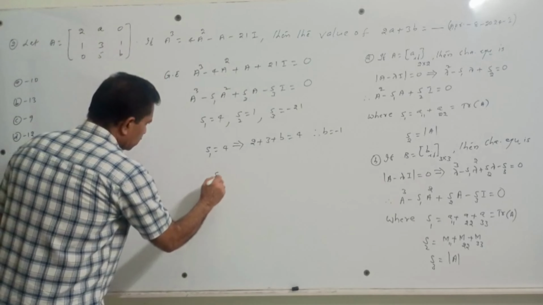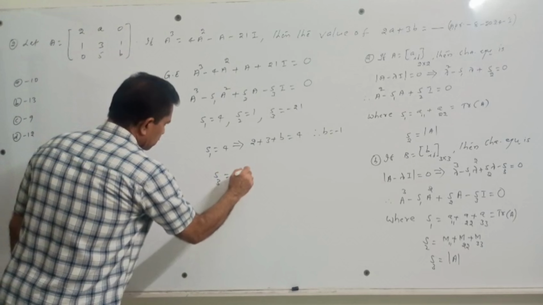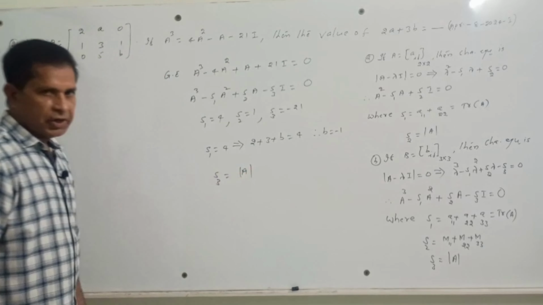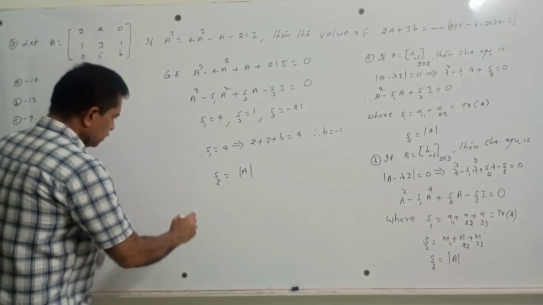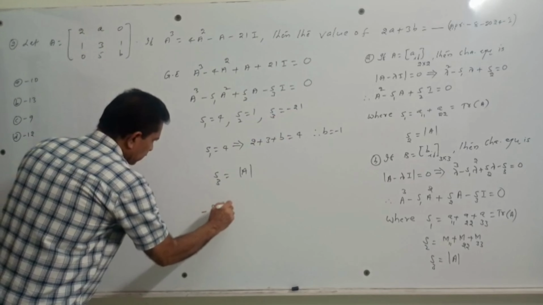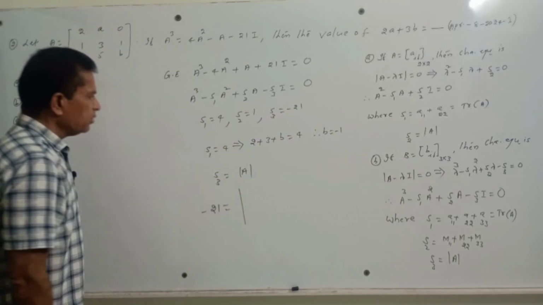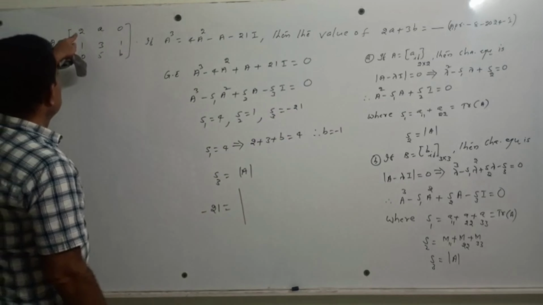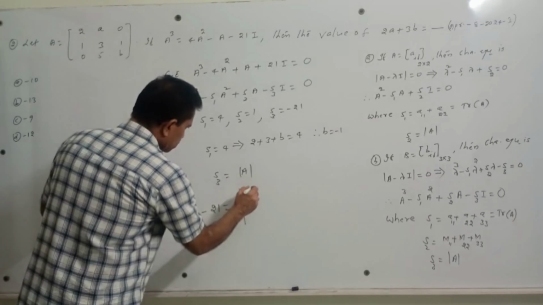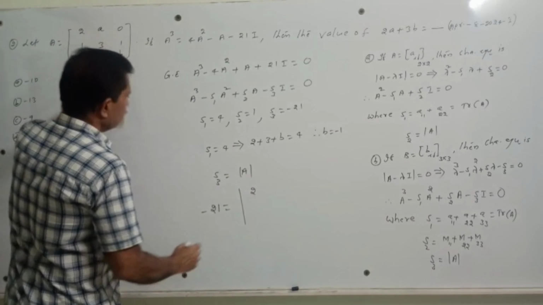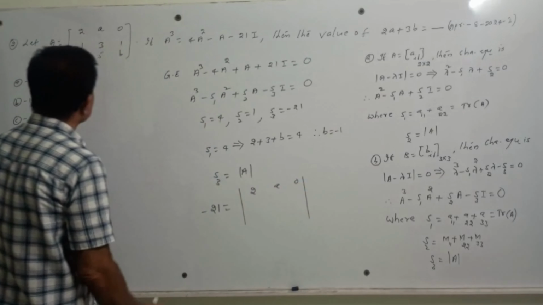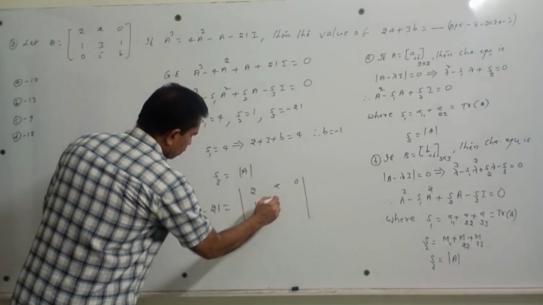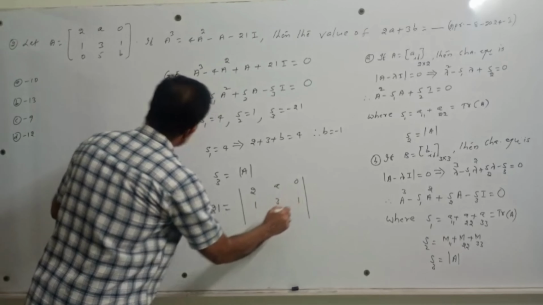To calculate the other unknown, I am taking S3 is equal to determinant of A. But S3 is minus 21. So minus 21 is equal to the determinant of the given matrix. 2 is written same, a we have to calculate, that 0 also written same. Second row 1, 3, 1.